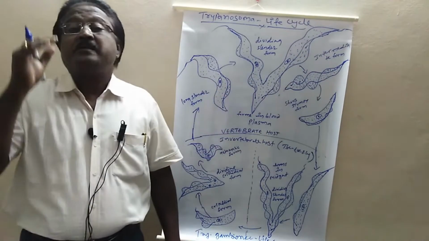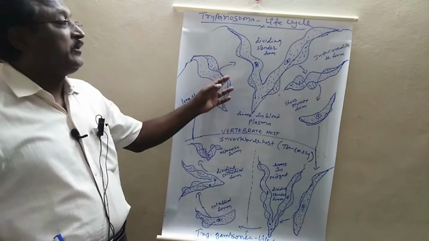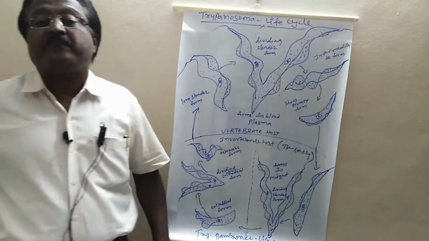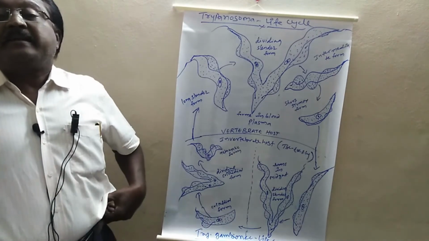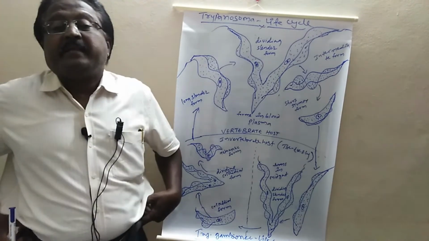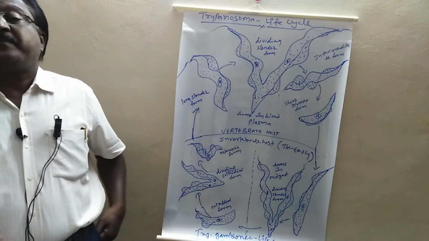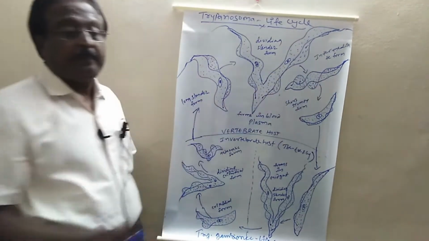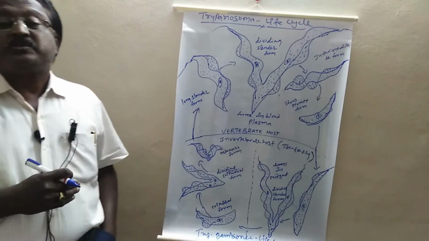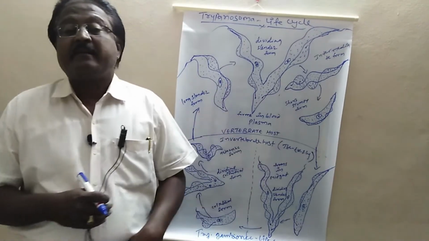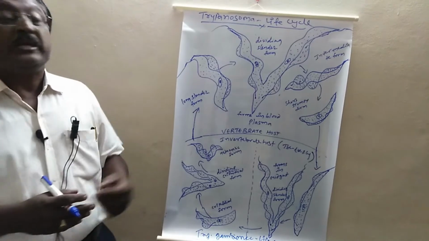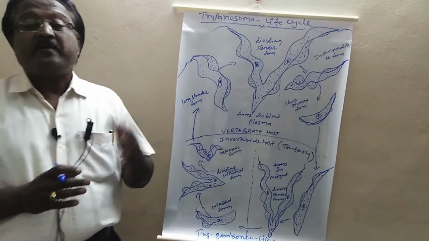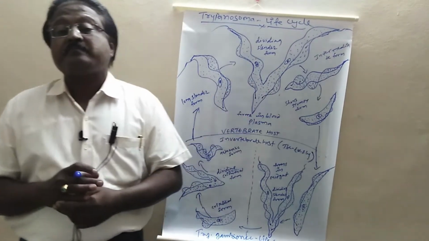In the intermediate form, the flagellum gets shortened. It becomes shorter further and transforms into the short and stumpy form.